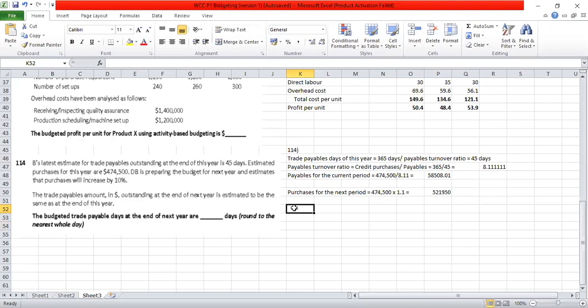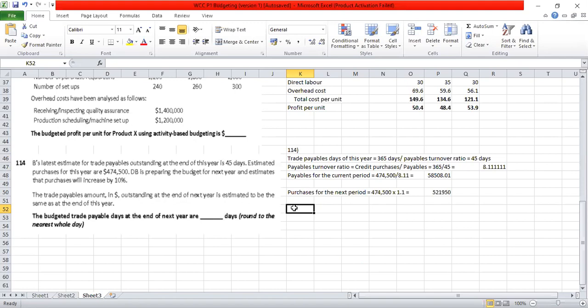Number of payable days, purchases, payables. We need to know the payables turnover ratio for the next period.